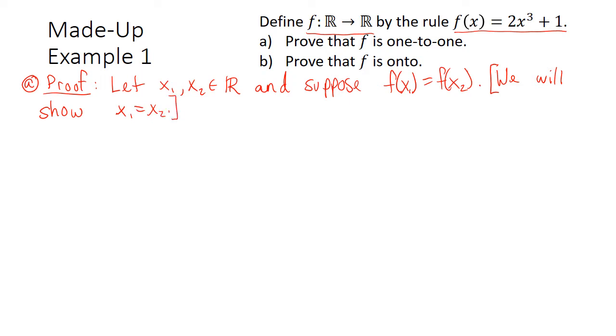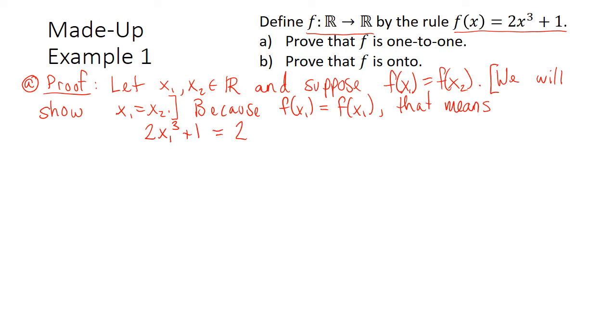Okay? So it's actually pretty simple to do. Because f of x1 equals f of x2, now you're just going to use the formula for the function. So that means that 2x1 cubed plus 1 equals 2x2 cubed plus 1.